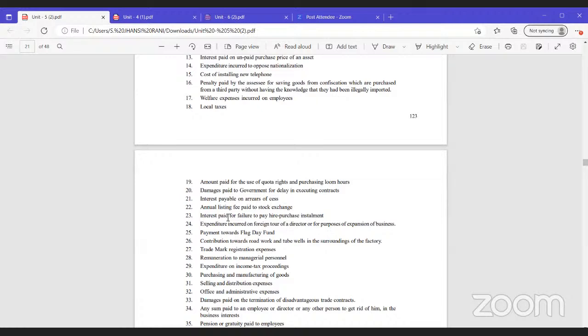It is a tradition they follow. Whatever gifts or cash are given to the employee during those occasions only, not all the time, during Dasara or Diwali or Ramzan or some other festival, that is allowed. That is business expenditure. So like that, you should know that.